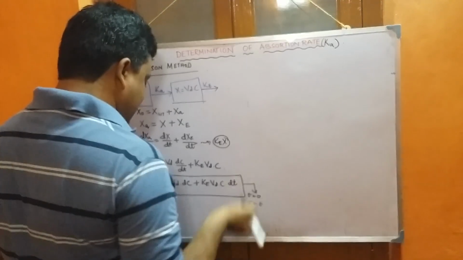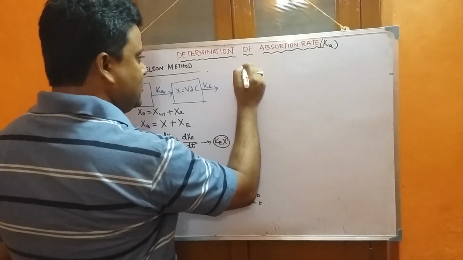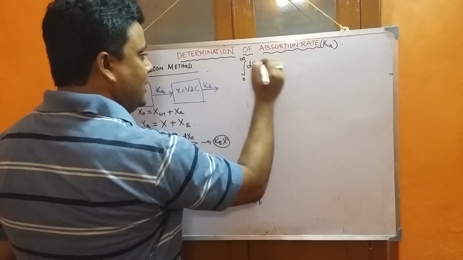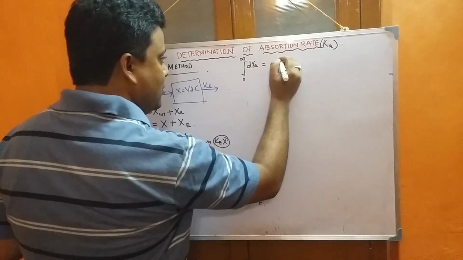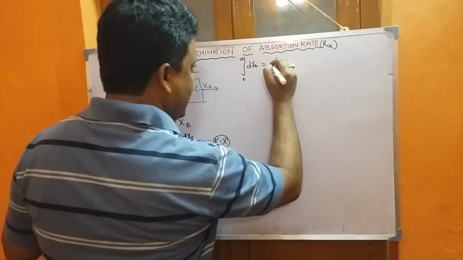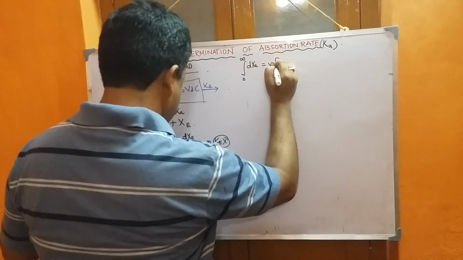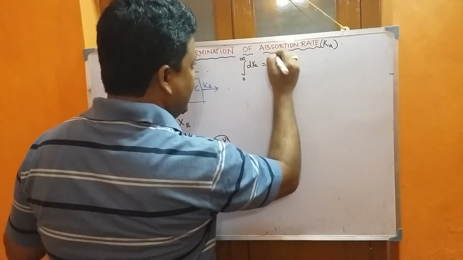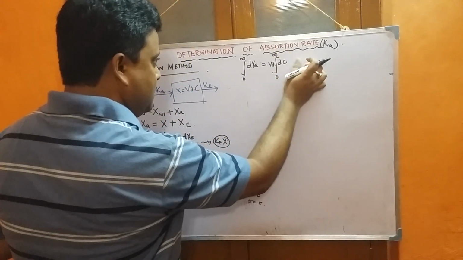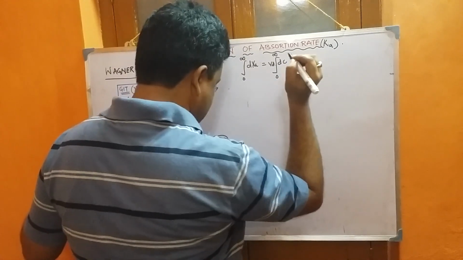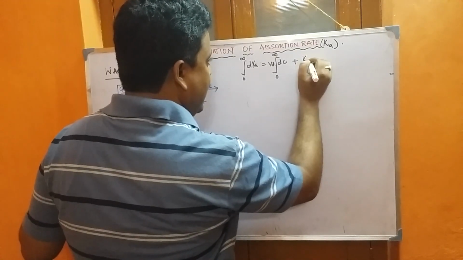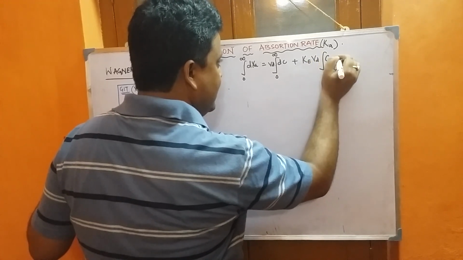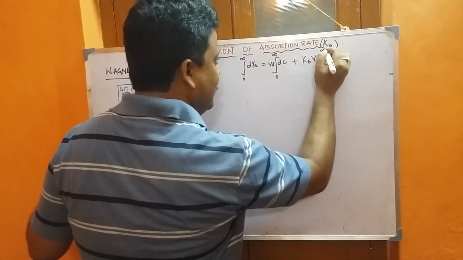If you consider that, we will be getting the integration of dXA from 0 to infinity equals Vd into dC from 0 to infinity plus Ke Vd C dt from 0 to infinity.